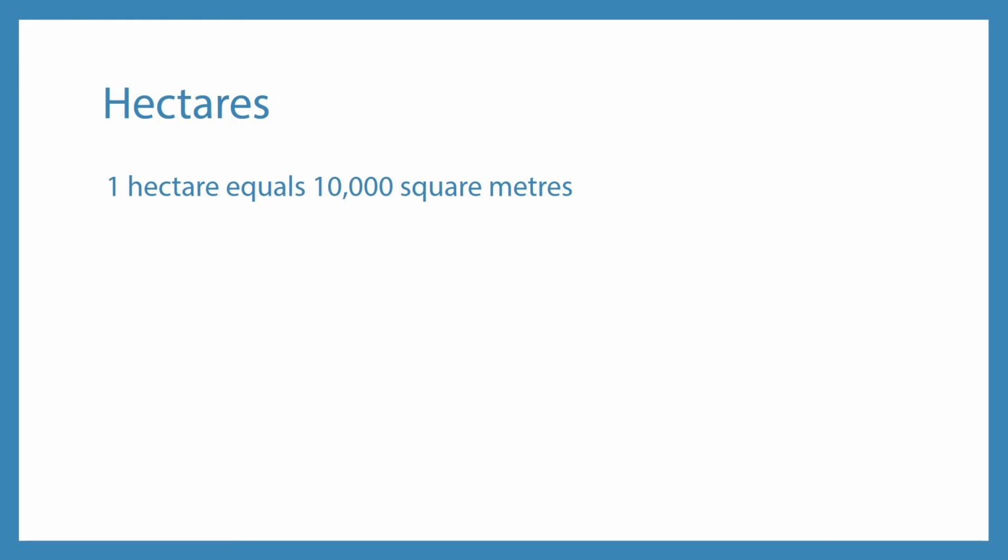Now, we have this identity. 1 hectare is the same as 10,000 square meters. We can write that like this. 1 HA, and HA just means hectare. Like for meters we write M, for hectares we write HA. But with hectare we don't need to use the square part, because a hectare is always talking about area.